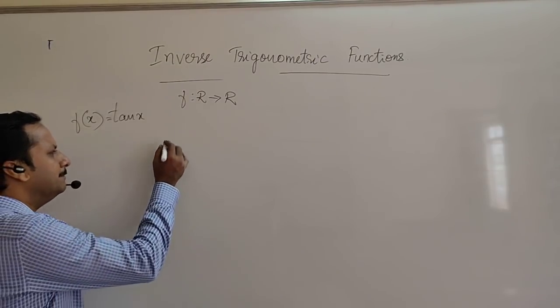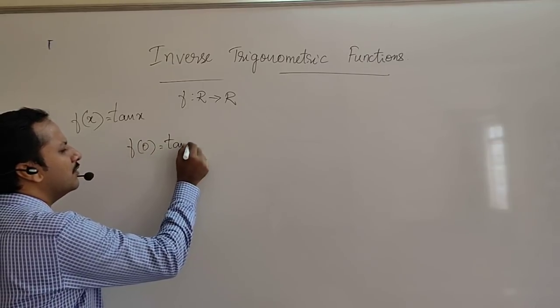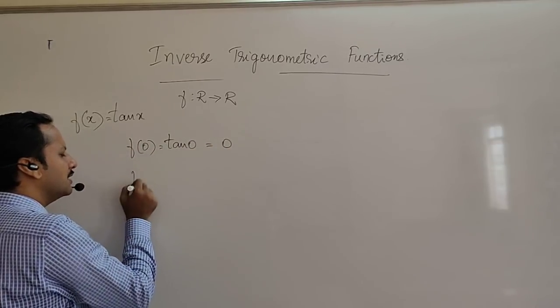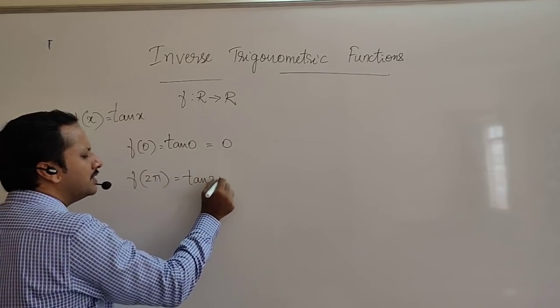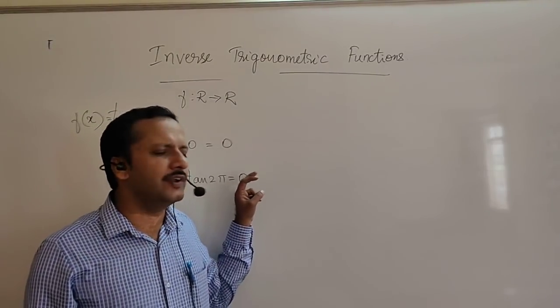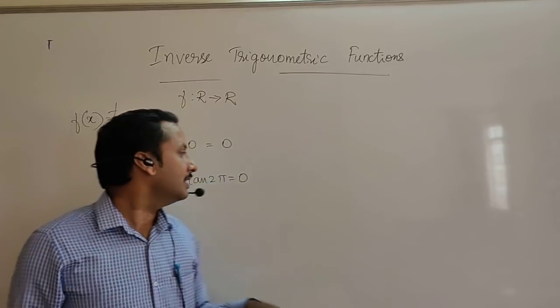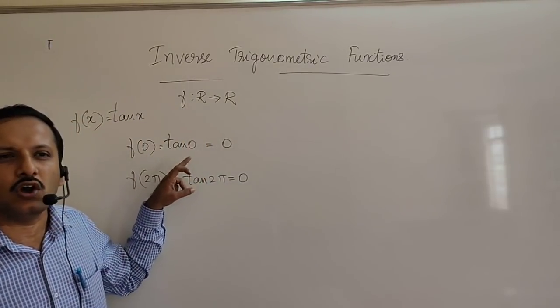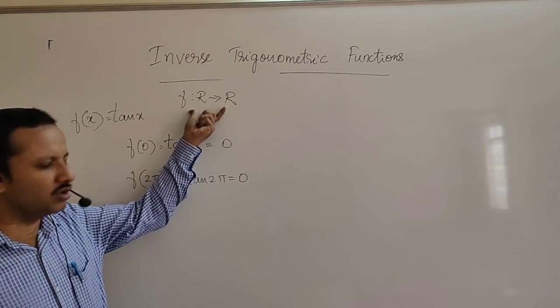For example, f of 0 is equal to tan 0, which is equal to 0. F of 2 pi, that's equal to tan 2 pi, which is also equal to 0. So, two different elements of the domain are having the same image in the codomain. Therefore, tan x is not a one-one function in this domain.